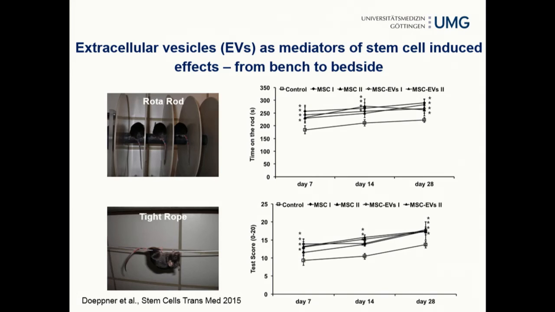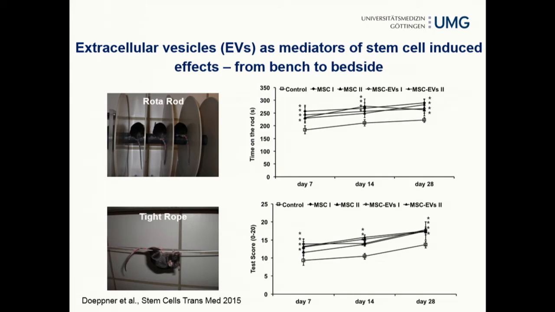And that is what we started in our stroke model of mice. So in this model, we injected mesenchymal stem cells, or EVs, intravenously on day 1, 3, and 5. And we observed these animals for as long as 28 days. And then we scored them at various time points using behavior tests. And what you can see here is that, first of all, the mesenchymal stem cells do their job.